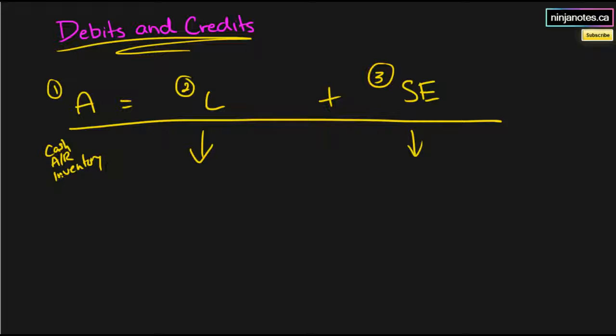All of these accounts are going to fluctuate. We're not going to have the same amount of cash or receivables. How are they going to change? That's where debits and credits come in, because debits and credits are actually the system of increasing and decreasing the balances of accounts.